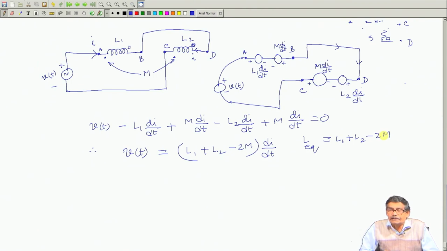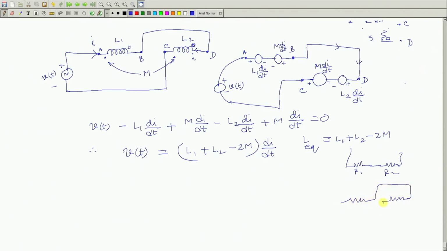For example, two resistances I connect in series, R1, R2. Whether you connect it like this, equivalent resistance is R1 plus R2, or whether you connect like that, it does not matter. Equivalent resistance is once again R1 plus R2, but with inductances or coils which have mutual coupling, you should be careful.